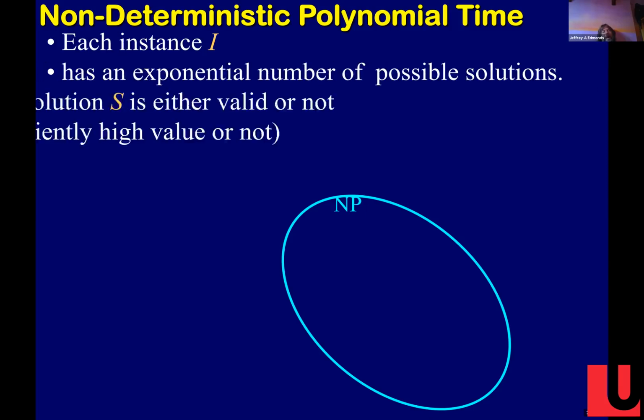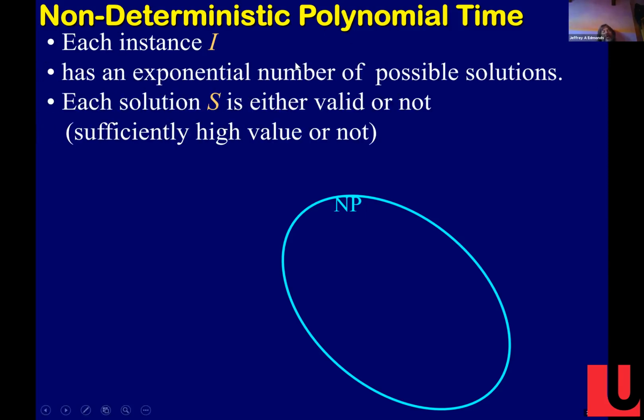And what about non-deterministic polytime? Well, for each instance, here the input is I, then there's going to be an exponential number of possible solutions to it, right? So if I is circuit satisfiability, then there's an exponential number of possible assignments, and each assignment is either valid or not.